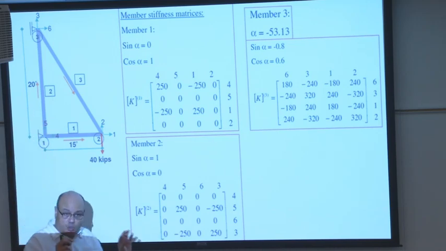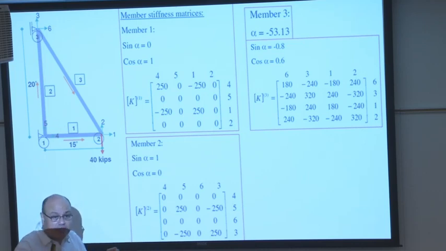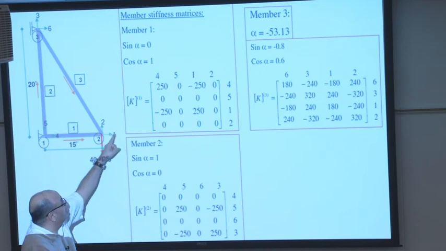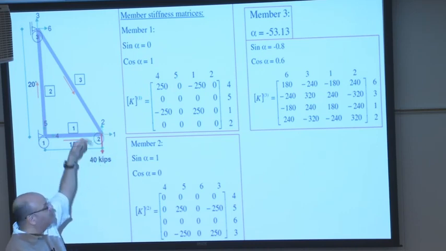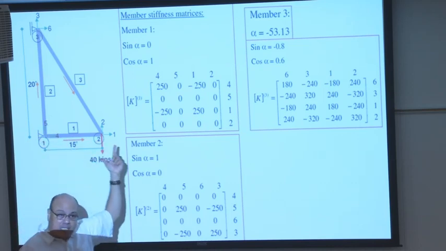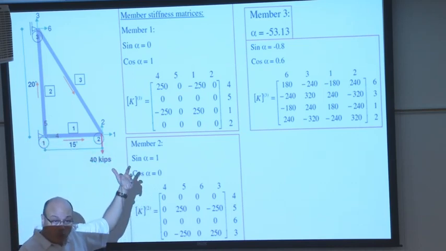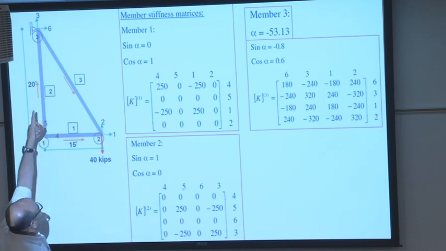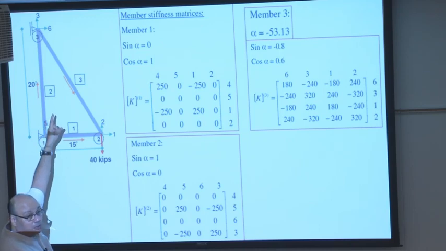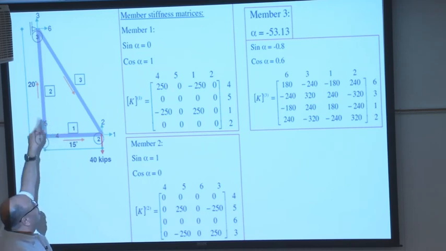The smart way of doing things is to start with the unknown displacements first. So I started with 1 and 2 because there is no support here. They are free to move, so 1 and 2. Is there any other degree of freedom that I'm missing that can move and I don't have any ability to identify how much it is? Yes, the roller support at the very top at joint number 3 is allowing vertical movement.